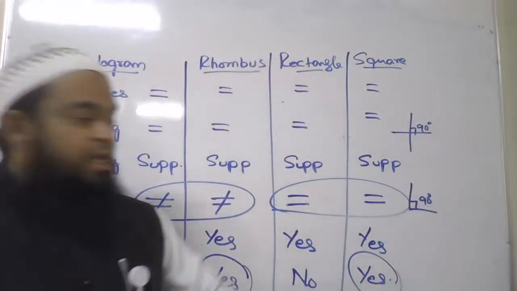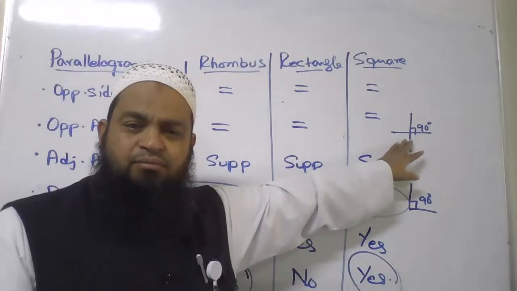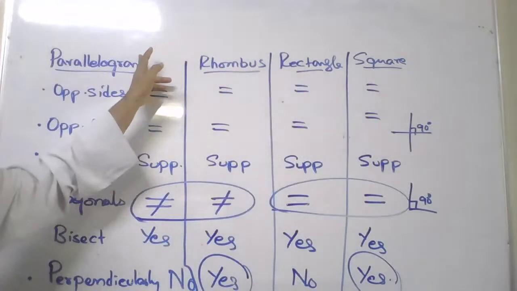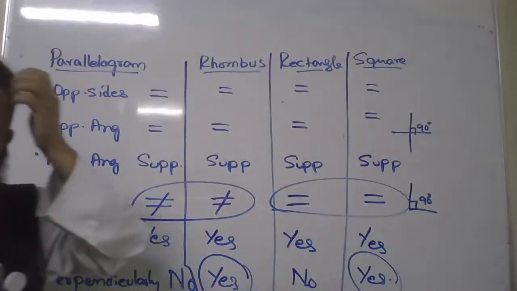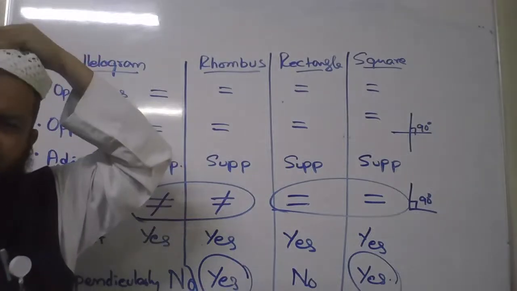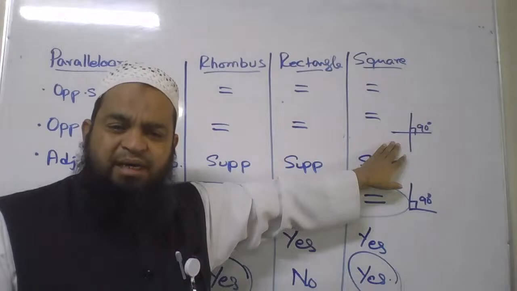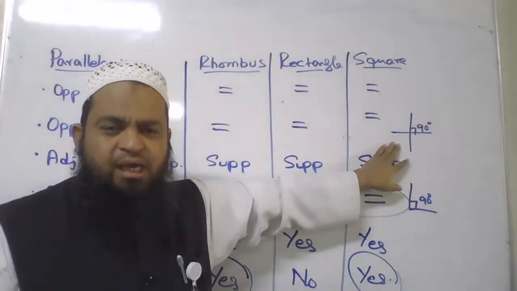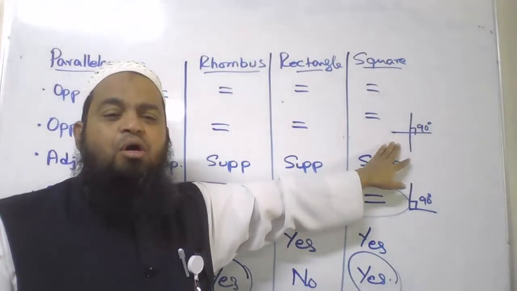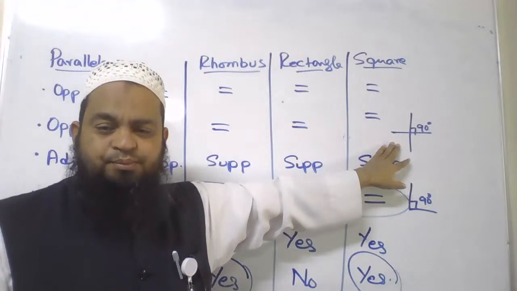So that means if diagonals are perpendicular, can you call it as a parallelogram? I need answer for this. Whoever are present here. Come on. If diagonals bisect perpendicularly, can they be called as parallelograms?